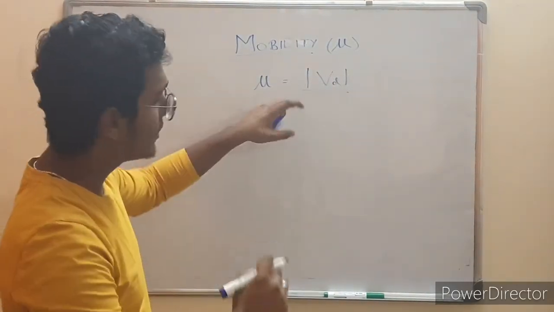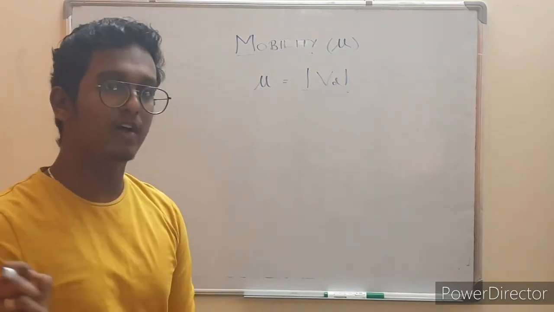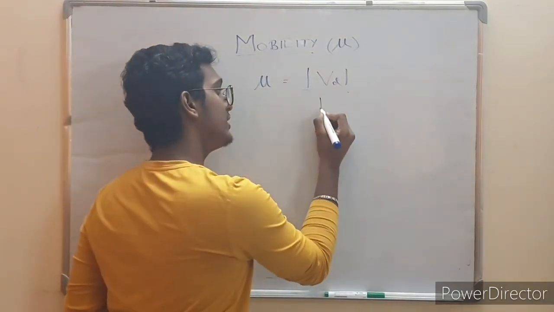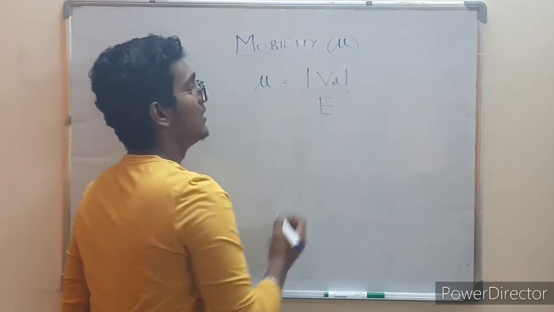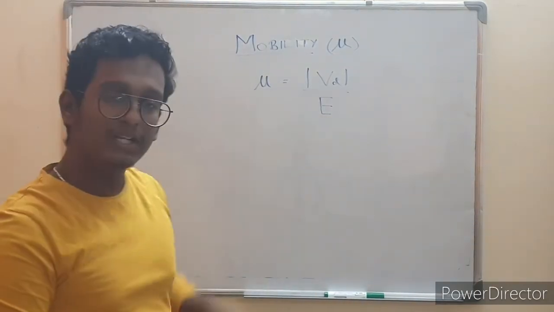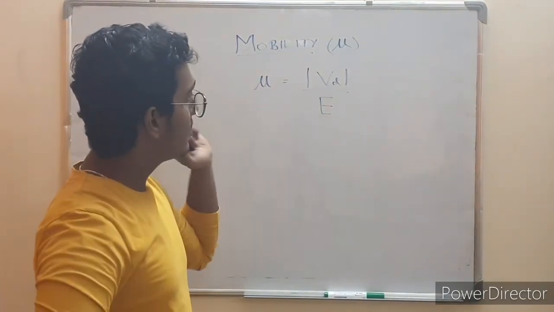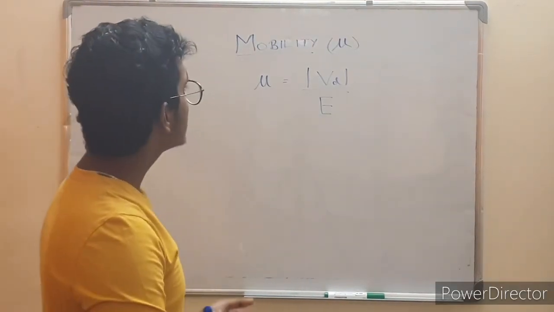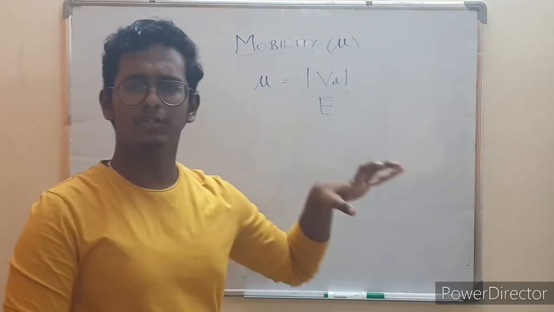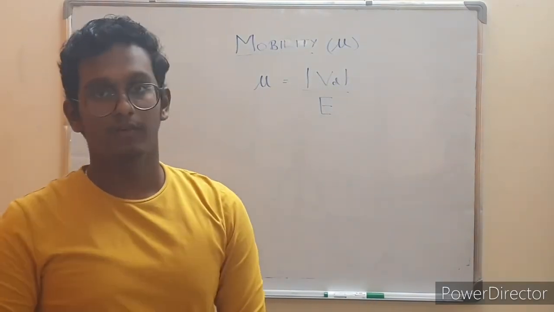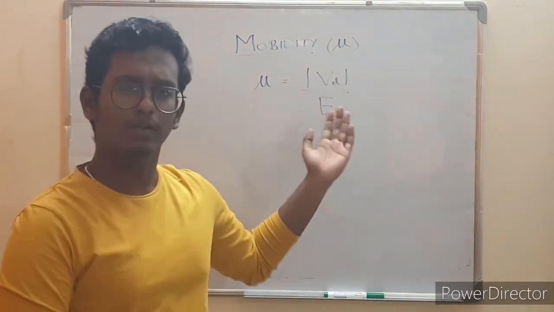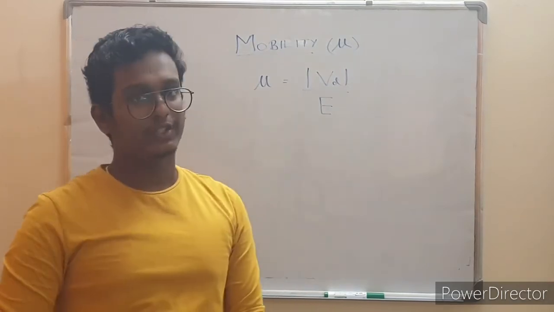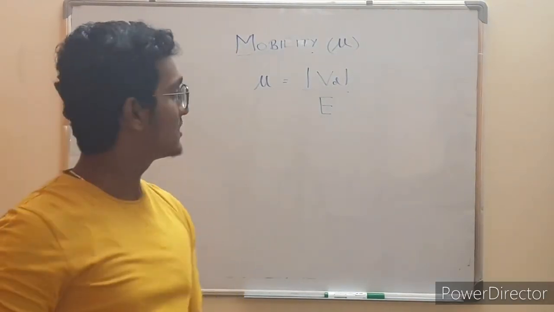We do not need which direction, we just need how fast it can move per unit electric field. So mobility is defined as the drift velocity of electrons per unit electric field. The only place this is used in our syllabus is for numericals. You just need to know the drift velocity and the electric field to calculate the mobility of the electrons.